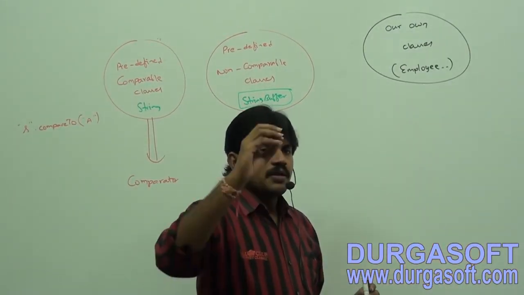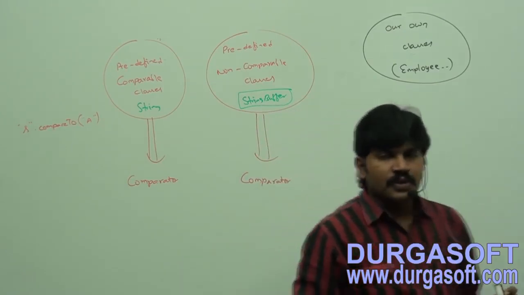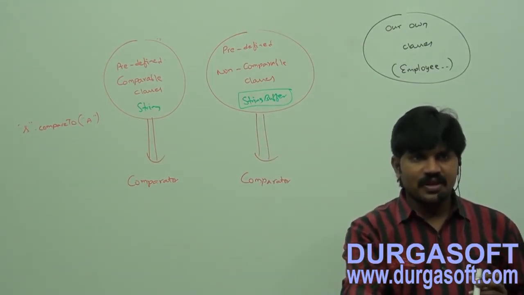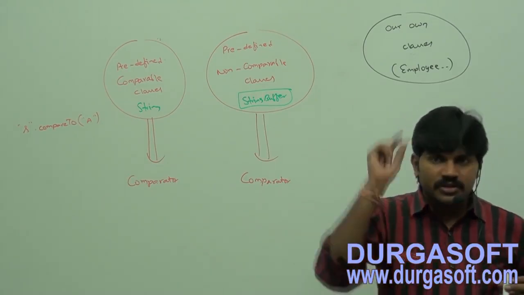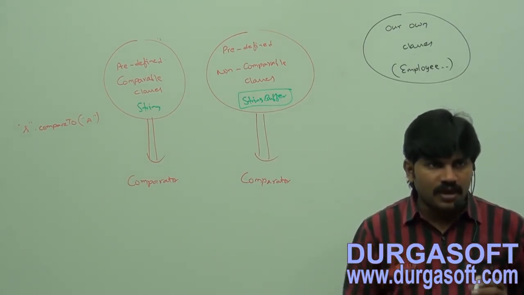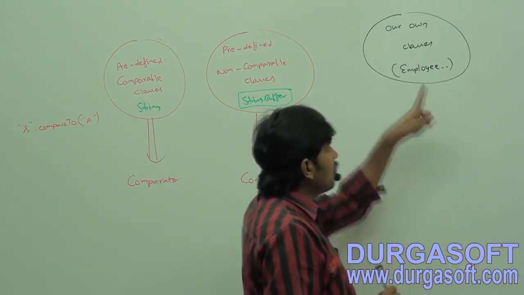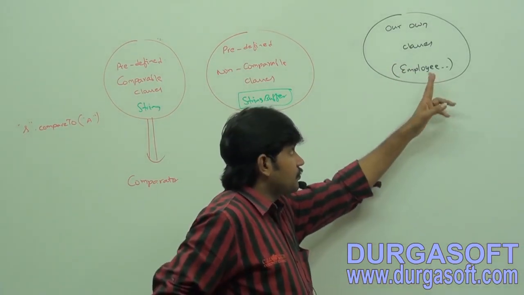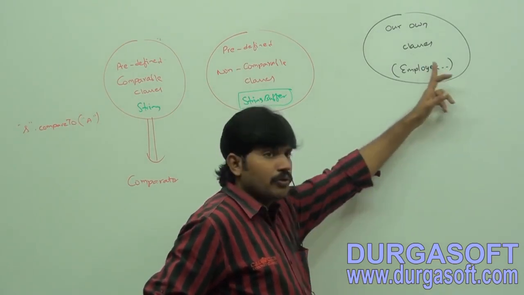Same as the API: some people wrote the String class, but I am using it, being a programmer. So some person X writes our own class, and person Y may use this class.